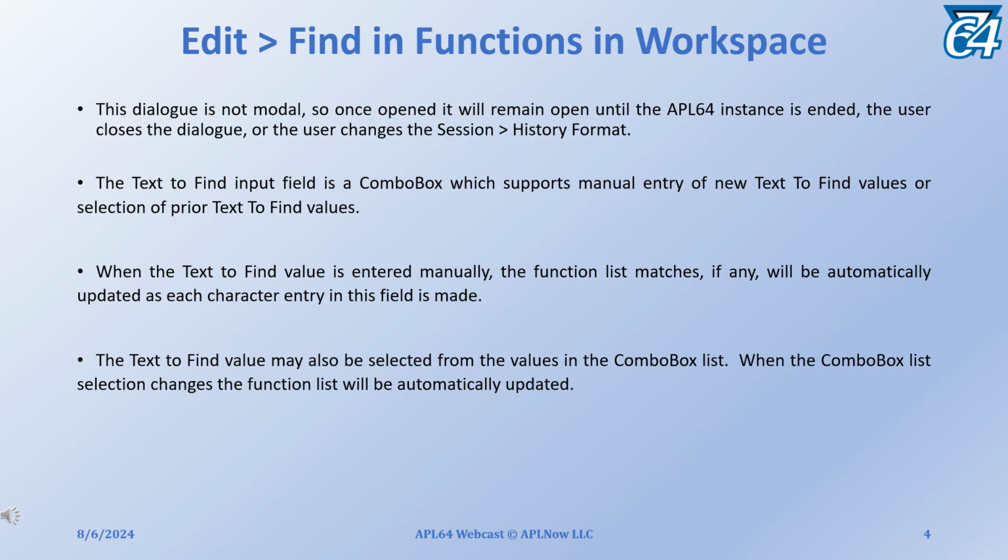The target text to find field in the dialog is a combo box which supports manual entry of text or user selection of previously entered target texts. When the target text is manually entered or modified, the list of functions identified as containing the target text will be automatically updated.